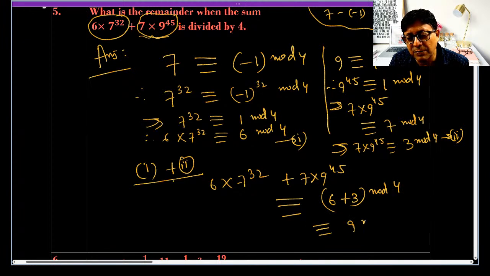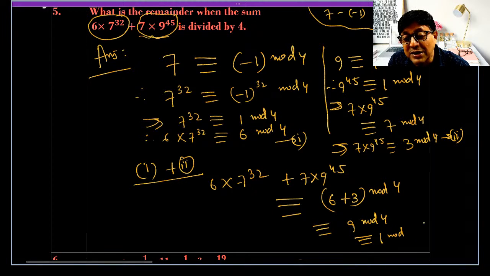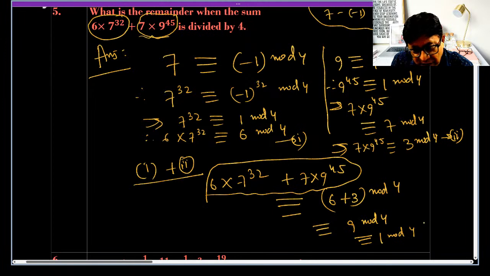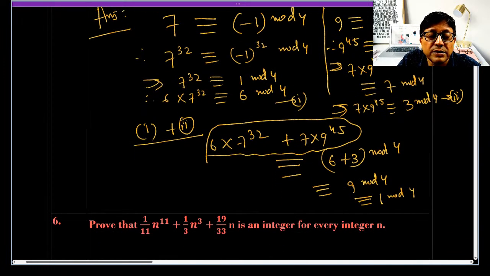This is 9 mod 4, which is 1 mod 4, because if you divide 9 by 4, the remainder is 1. So what's the remainder of this huge sum? We got it by ordinary congruency, not by Fermat's theorem, because 4 was not prime. And when this sum is divided by 4, the remainder is 1.